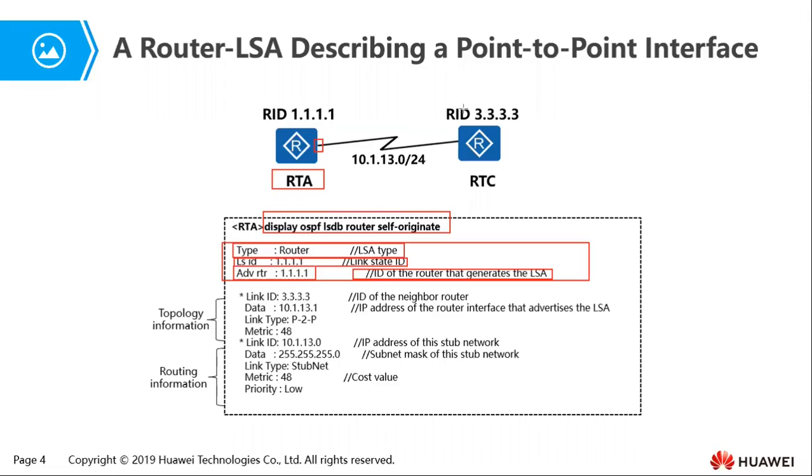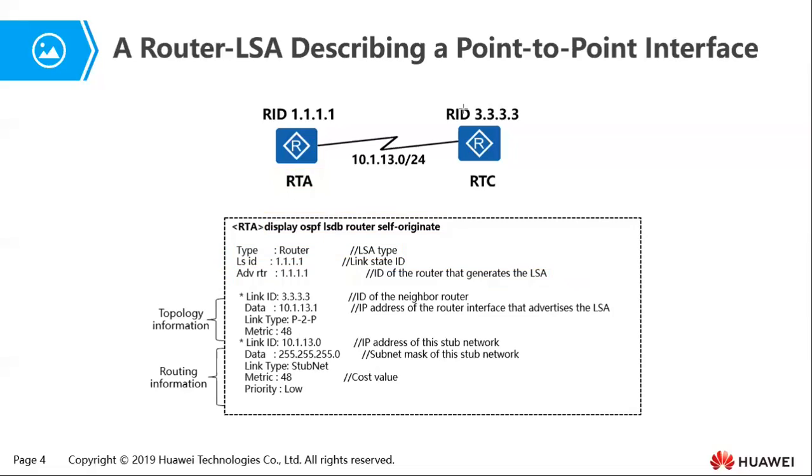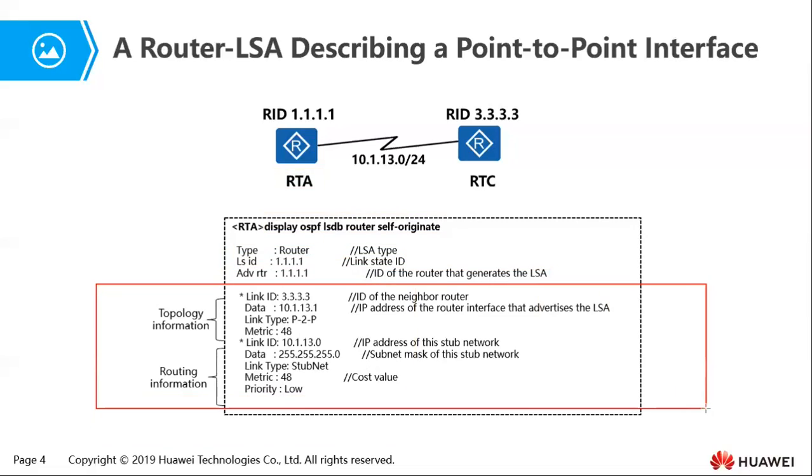That part is what we call the LSA header. Then the second part is what we call the data. This is the data that this particular LSA is actually carrying, so we must also understand the fields that are here.